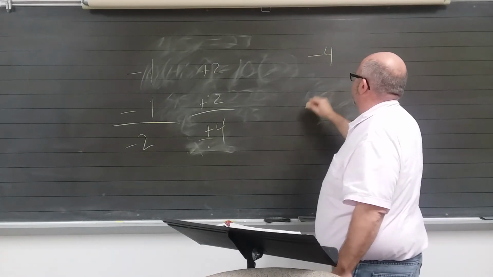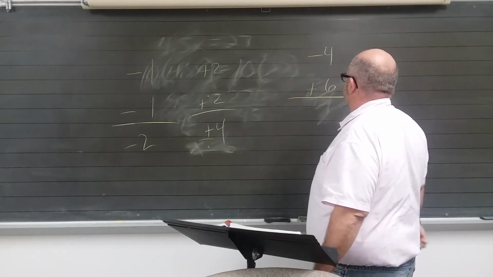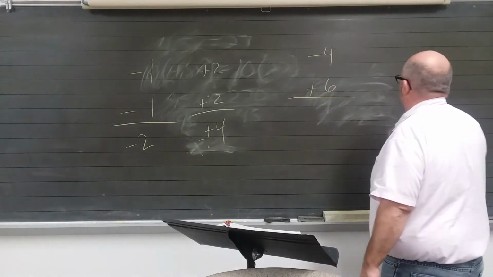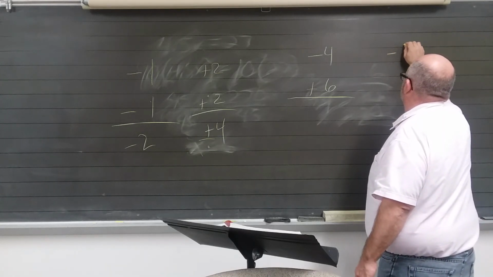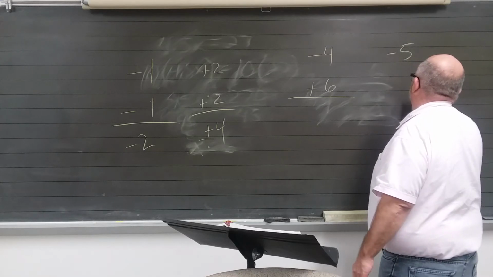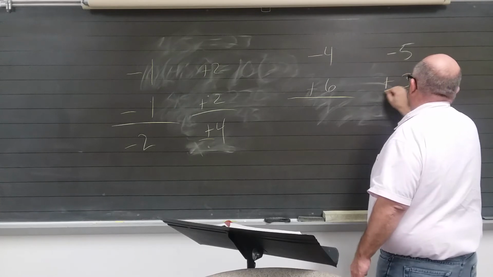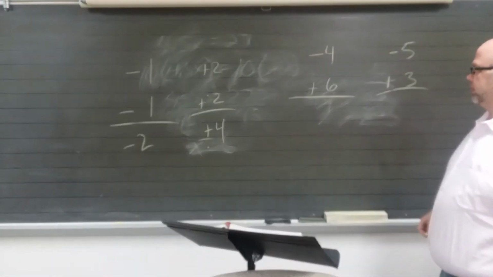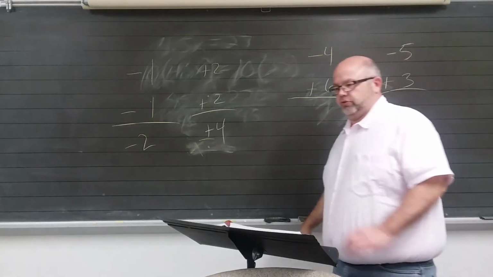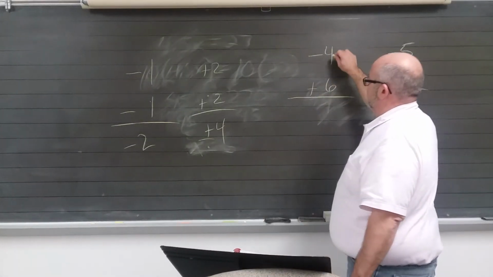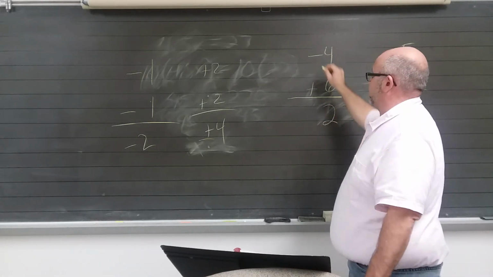If the signs are different, negative 4 and positive 6, or negative 5 and positive 3, you subtract the absolute values. 6 minus 4 is 2. Okay, the signs are different.